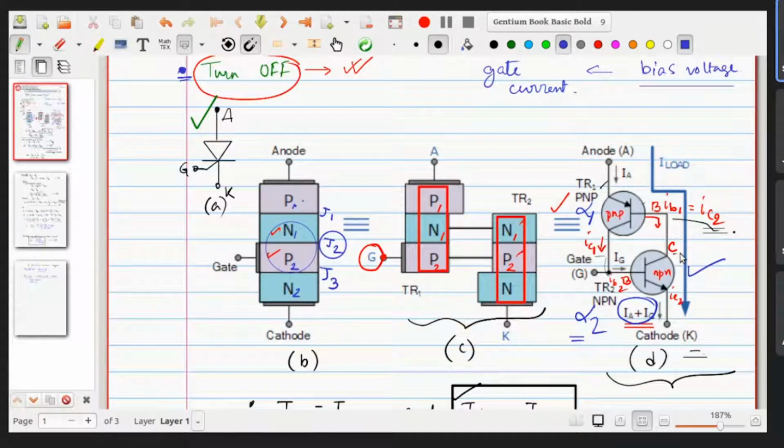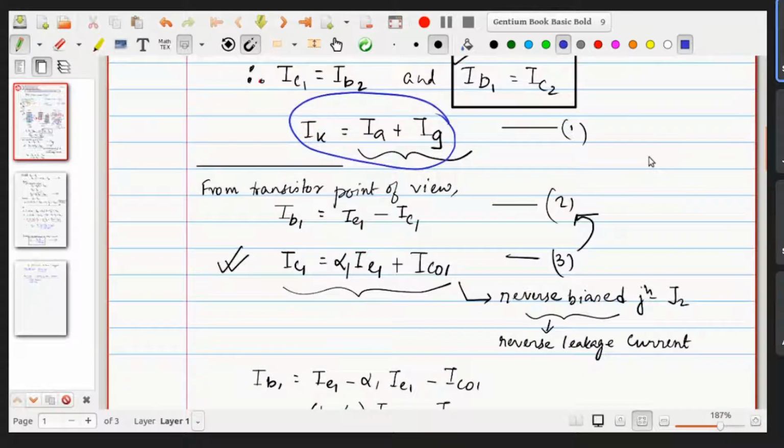This is very important. So if the temperature is high, the leakage current will increase, providing the required condition to turn on the device. This is the total process by which we can have the turn on feature of the device.